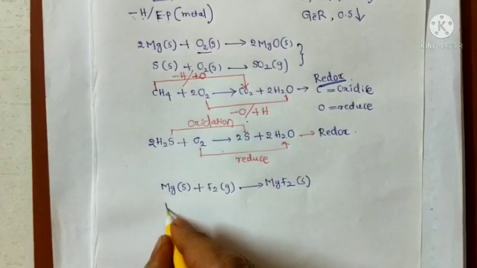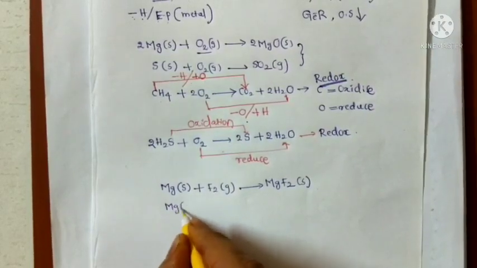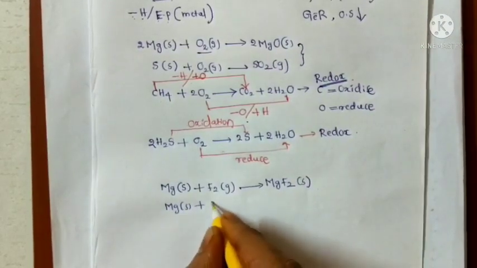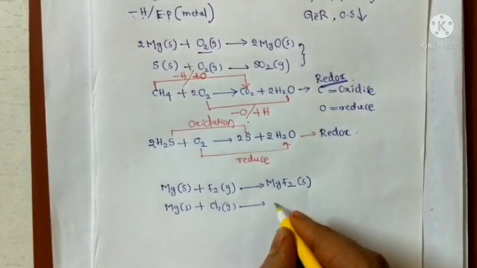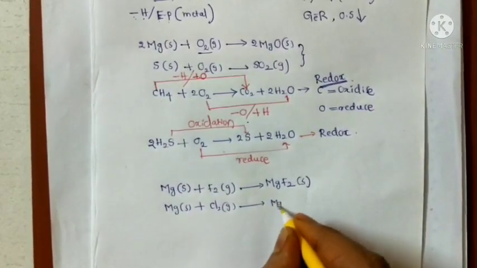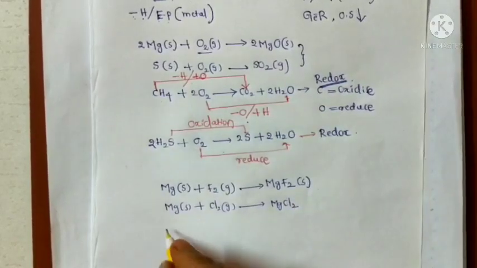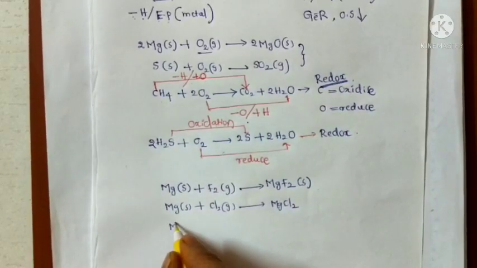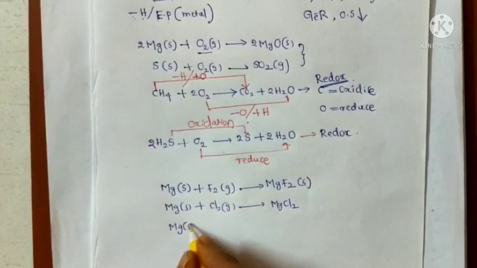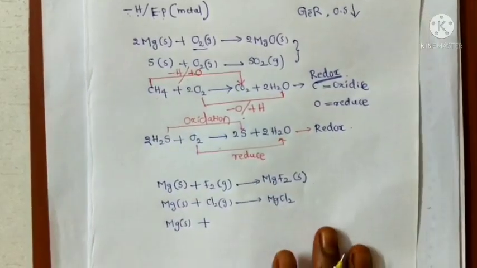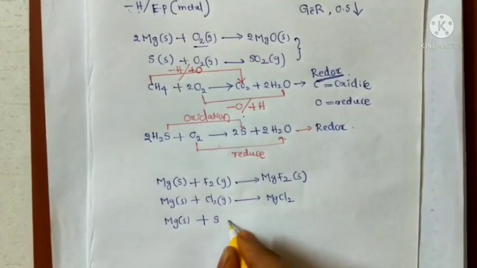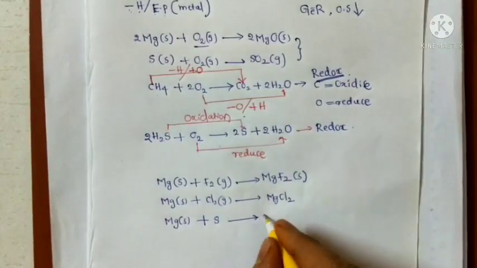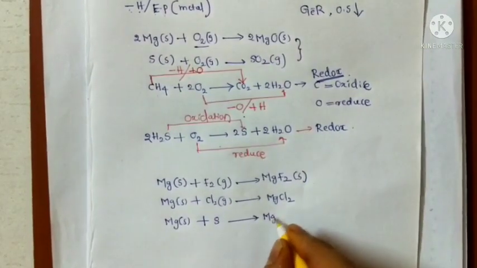Next, magnesium is reacted with chlorine gas to form magnesium chloride. Next, another one is magnesium reacted with sulfur to form magnesium sulfide.